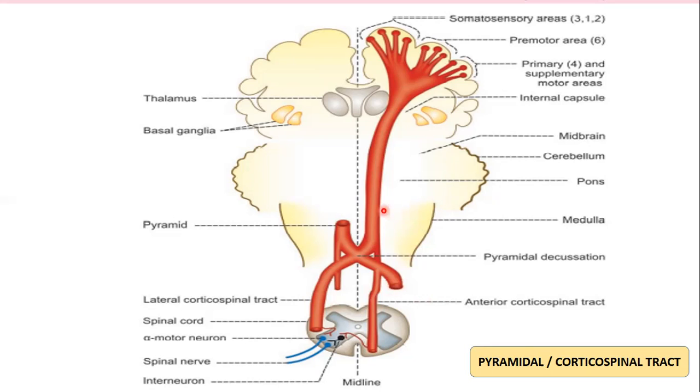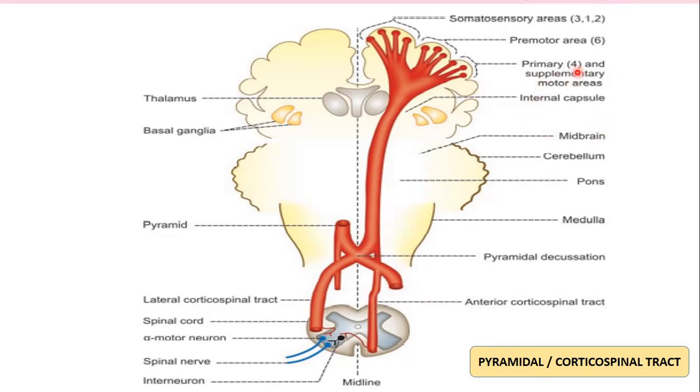Coming to another part, the distribution of its fibers. We have divided the fibers into three parts. One third of the fibers originate from our primary motor area, that is area number 4.